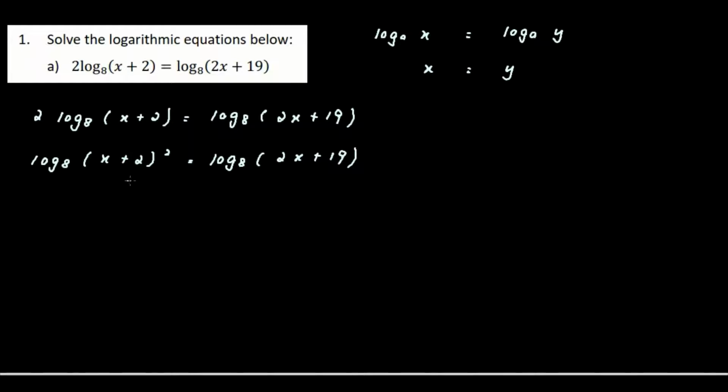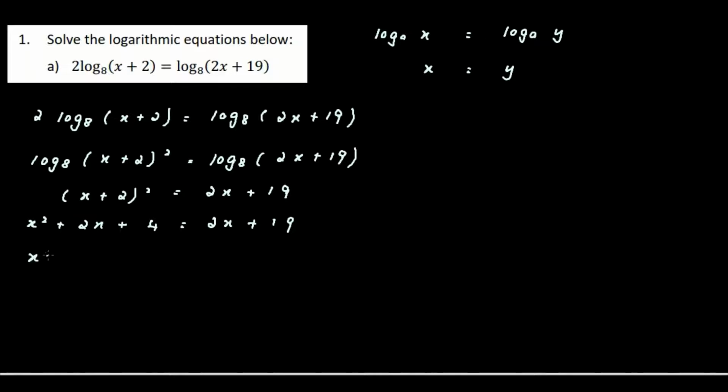So the whole thing here is your x and the whole thing here is your y. When they are in this form, we can always say that (x plus 2) squared will be equal to 2x plus 19. Okay, so now we can try to expand it. x squared plus 4x plus 4 will be equal to 2x plus 19.